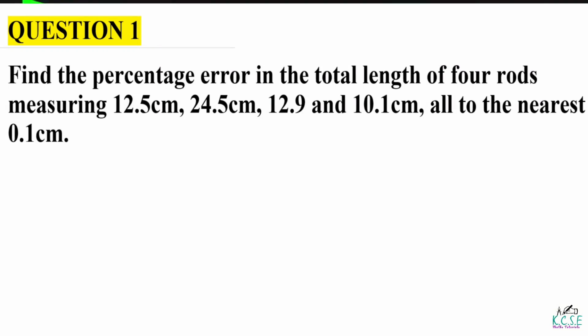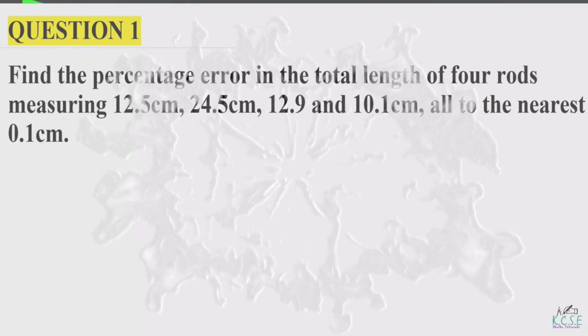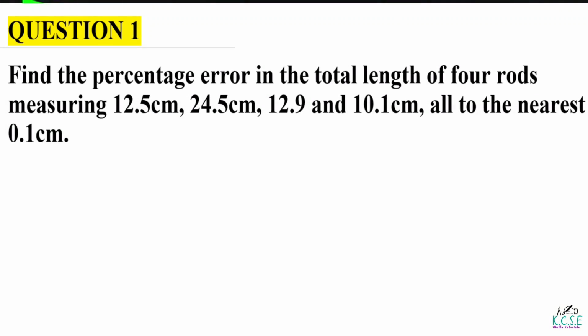Question number 1. Find the percentage error in the total length of 4 rods measuring 12.5, 24.5, 12.9, and 10.1 centimeters, all to the nearest 0.1 centimeter. We're going to start by getting the formula.